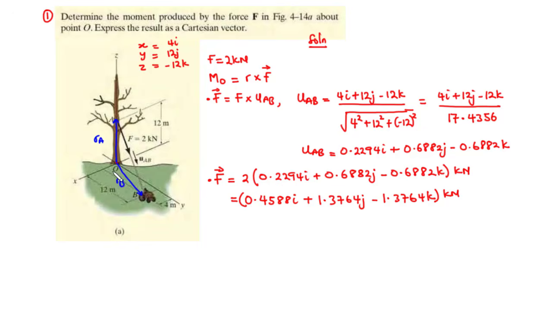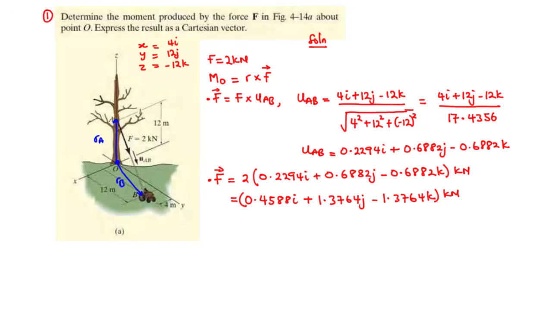So we can use the cross product of either RA and F, or RB and F. Since the position vectors are directed from O to any point on the line of action of F, we are going to obtain the same value.